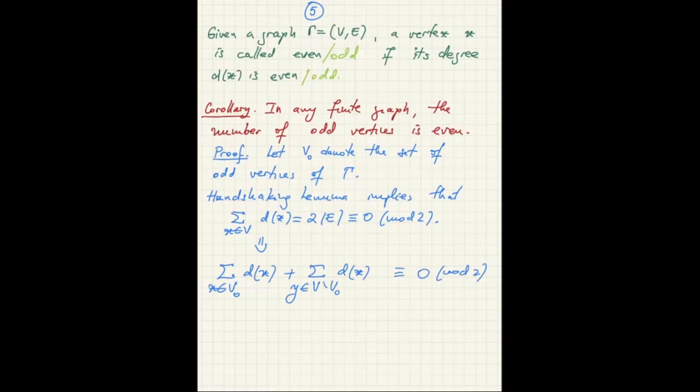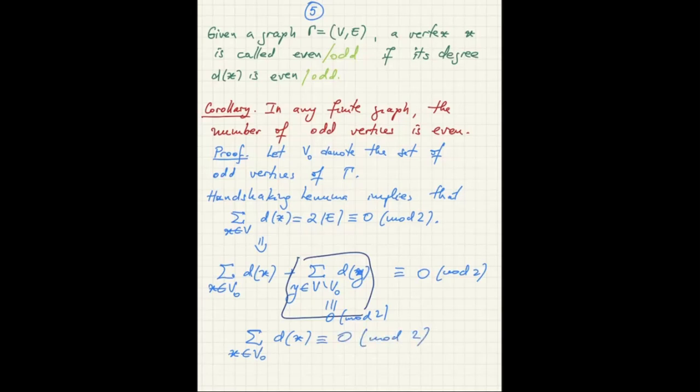But now this part here, modulo 2, becomes 0, because every vertex in V minus V0 is an even vertex, so all the d(y) are congruent to 0 mod 2. So what we get is that the summation over x in V0 of d(x) is congruent to 0 mod 2.